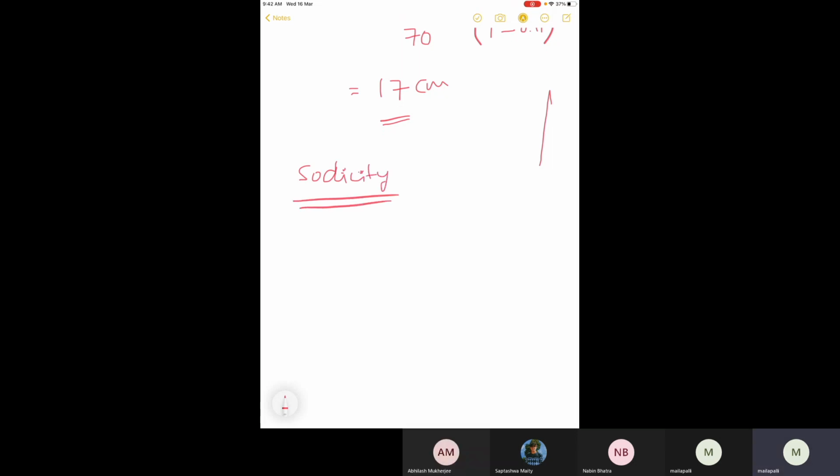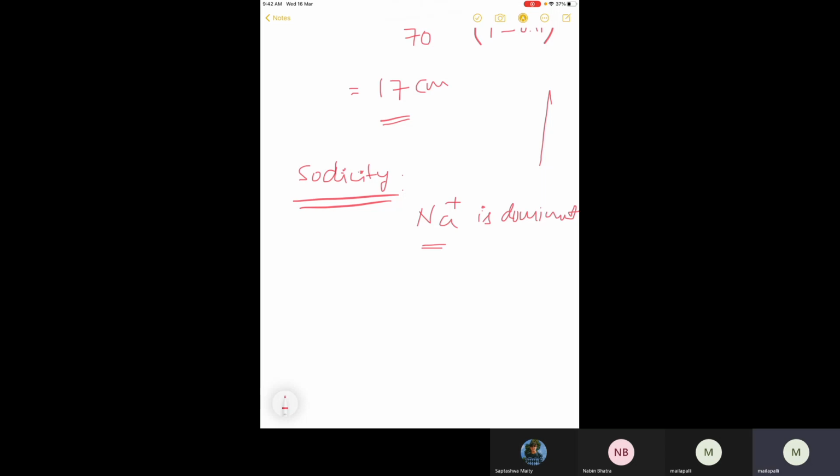In case of sodicity, the sodium, Na+, is going to dominate. So there are two terms: in salinity, mostly the magnesium and calcium salts predominate, whereas in sodicity, sodium predominates.